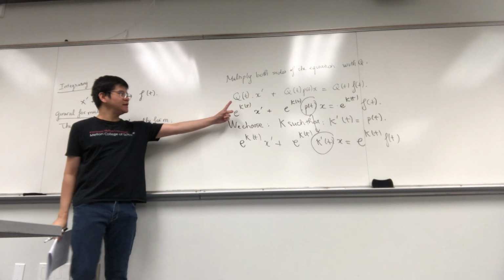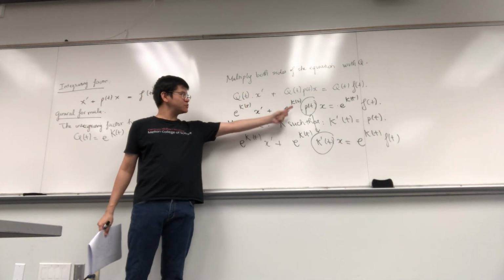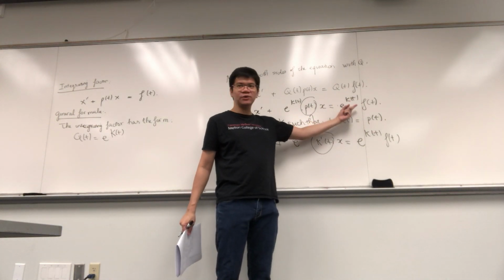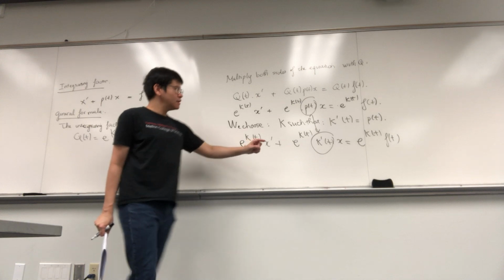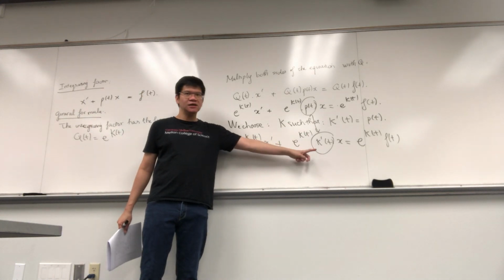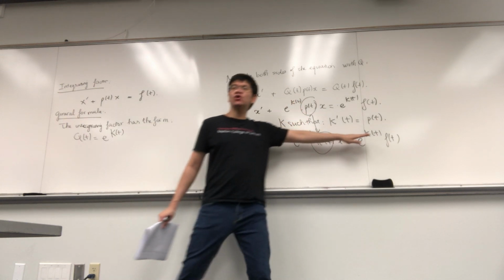So I explain again. Here I have e to the k(t) times x prime plus e to the k(t) p(t) x, and this is equal to e to the k(t) f(t). I'm going to choose k(t) such that k prime of t is equal to p(t). So I have to solve this equation.